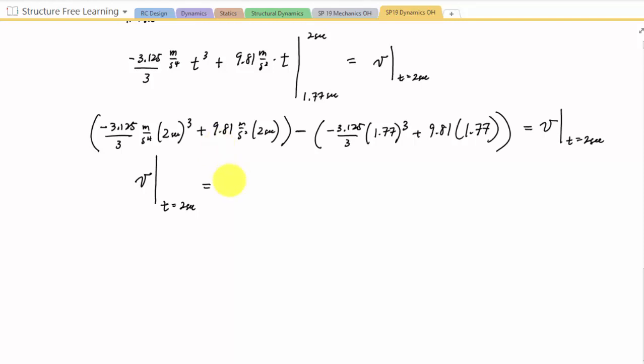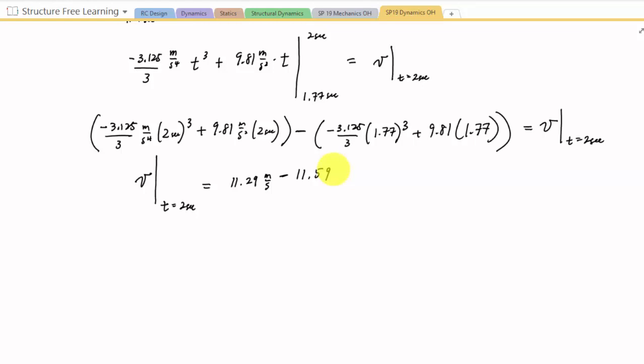So I got this. Is this right? I got 11.29 meters per second minus 11.59. How much did you get? 0.297? 0.3?